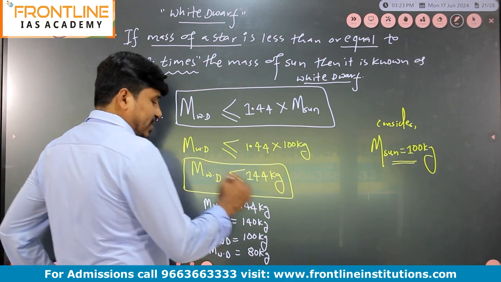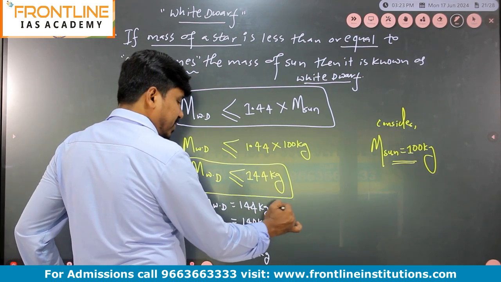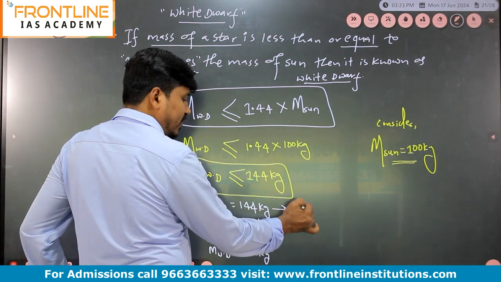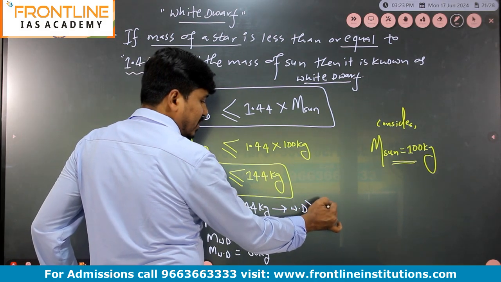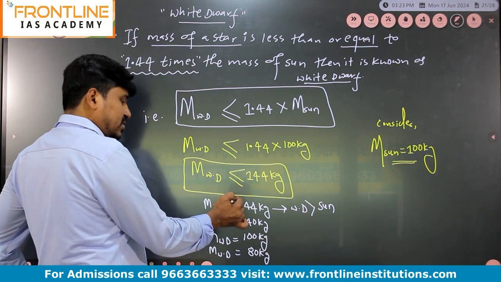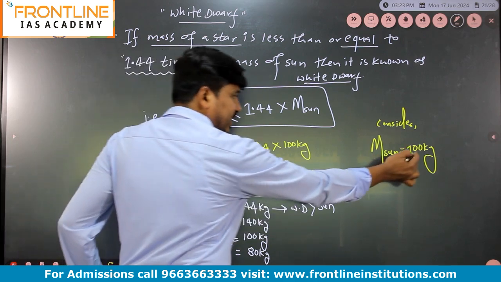So the mass of a white dwarf can be 144 kg, meaning the white dwarf can be greater than the sun, because the mass of the sun is 100 kg.